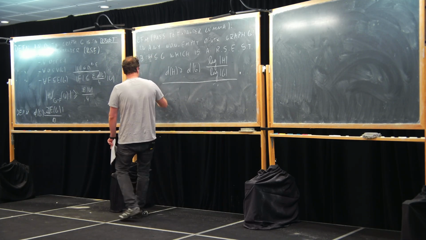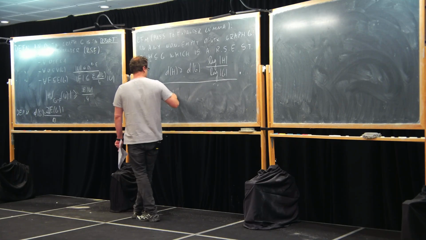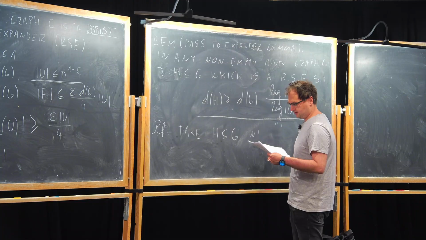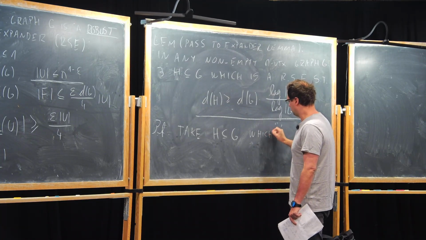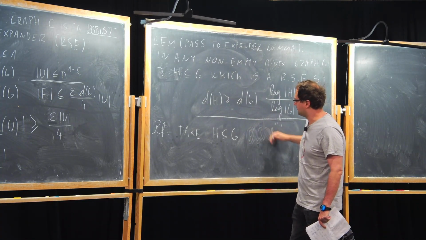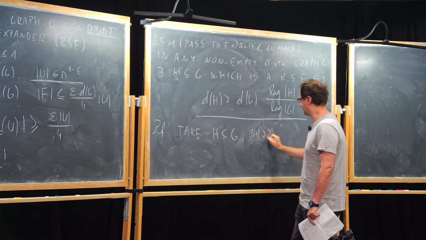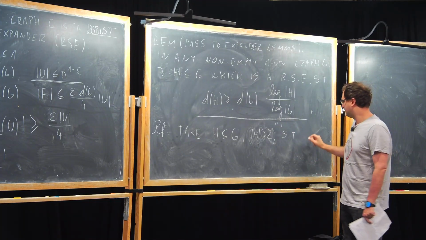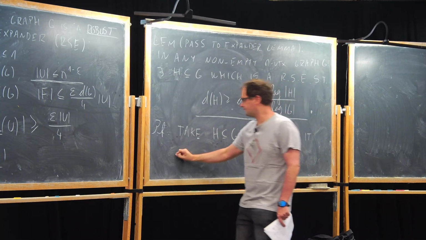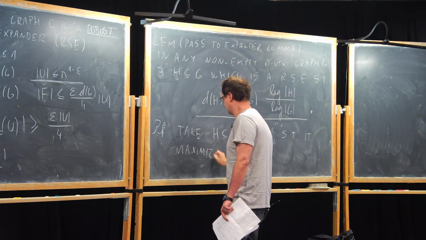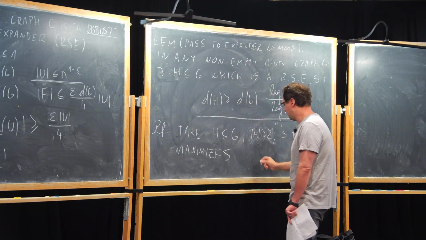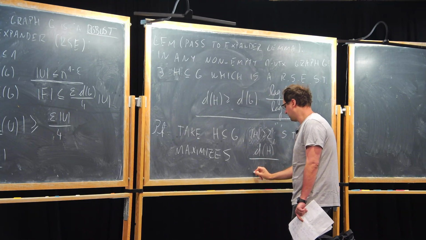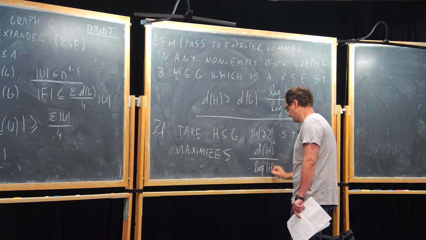So take H, a subgraph of G, and I want it to have at least 2 vertices, but that's not really that important, such that it maximizes a certain potential function, which in this case is just going to be d of H divided by log of the number of vertices of H.